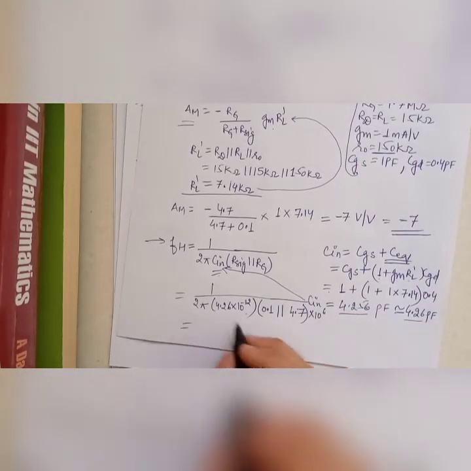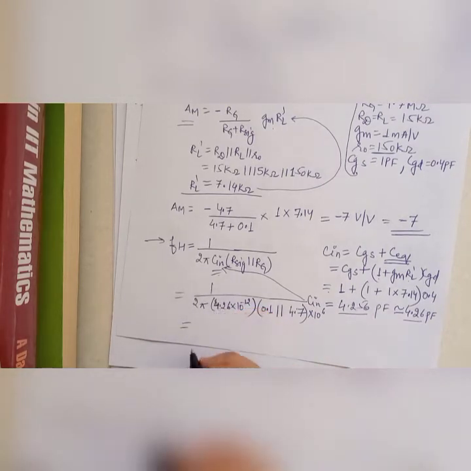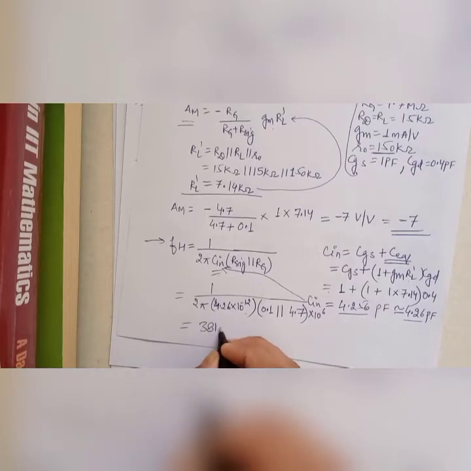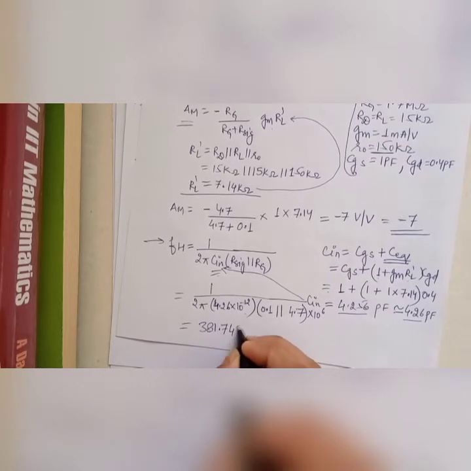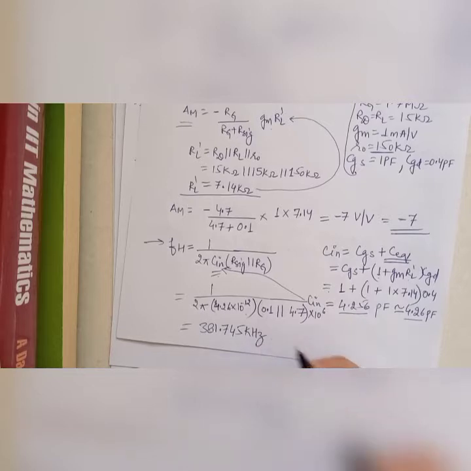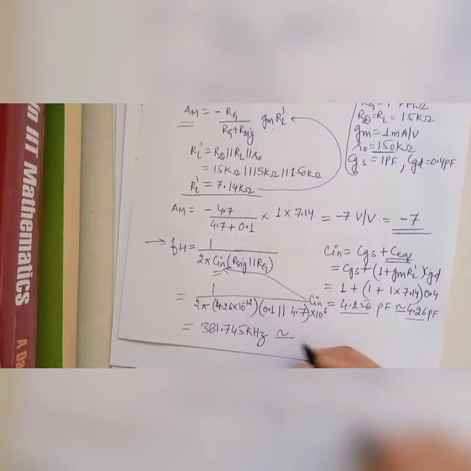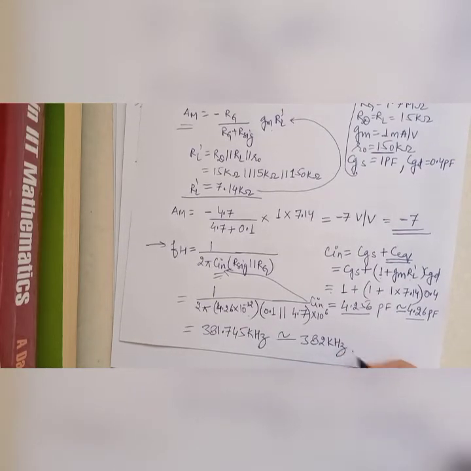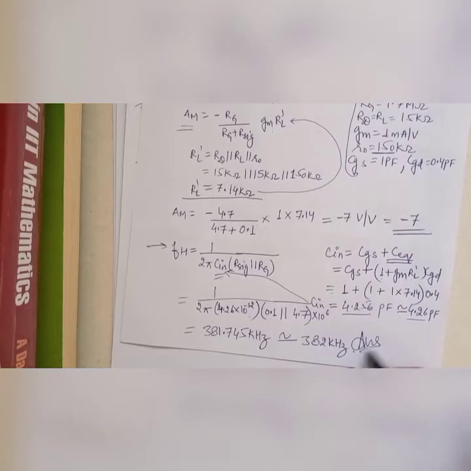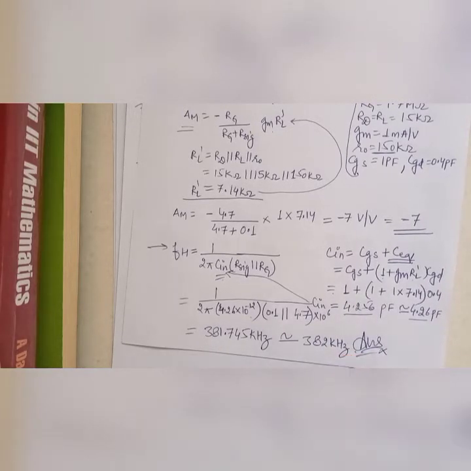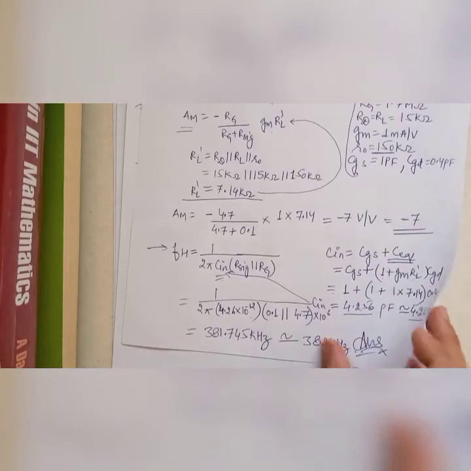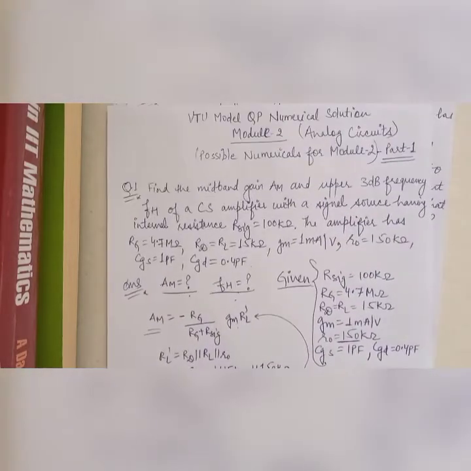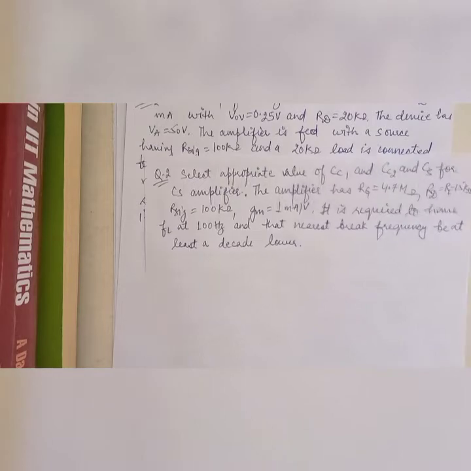Now when I solve this value, I'm getting near about 381.745 kilohertz. This is my calculation which I did. You can approximate it as 382 kilohertz also. So this is your answer for the FH 3 dB frequency. So this was the first problem which we solved now. Now let's move on with the next problem.